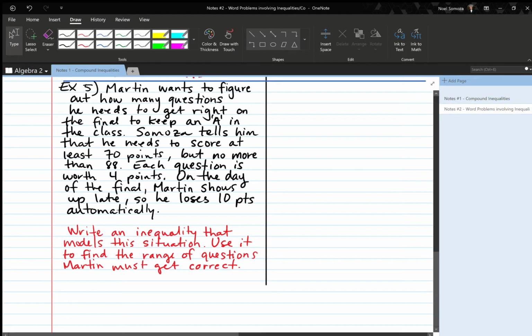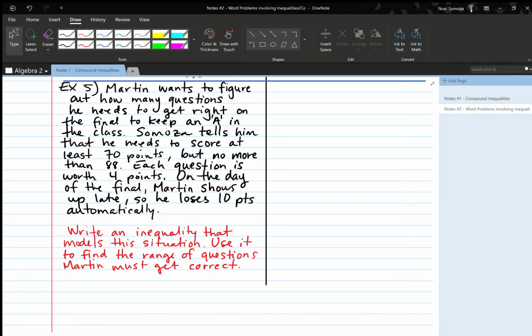I'm starting to see most of you are getting it, so let's talk. Anybody want to share how they wrote their inequality? What was the process, how you came to it? Let's start with your variable.